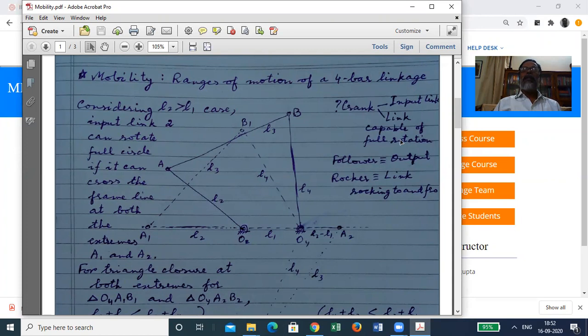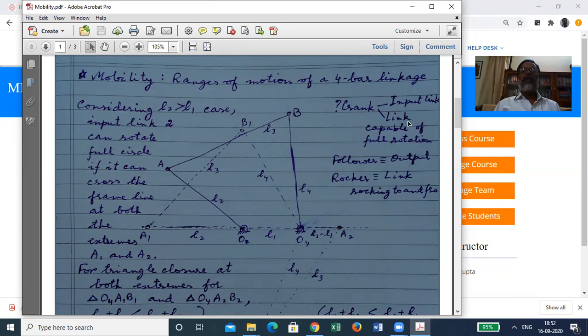The reason for the mix-up of these 2 meanings, these 2 senses, is that in the beginning, when people wanted to study this area, they felt that if a link is going to operate as the input link, then we might need continuous operation, okay, over several cycles.